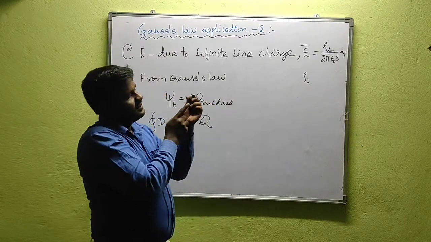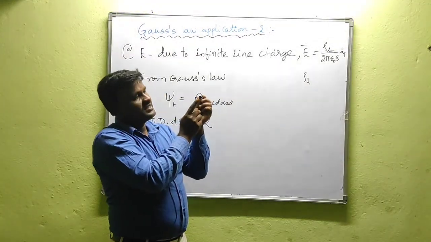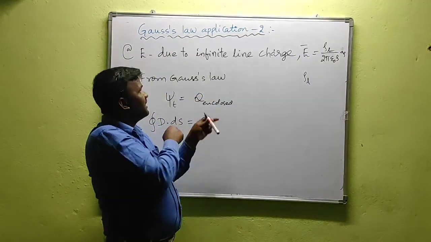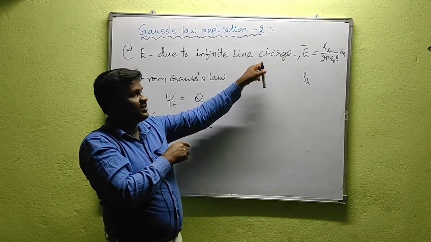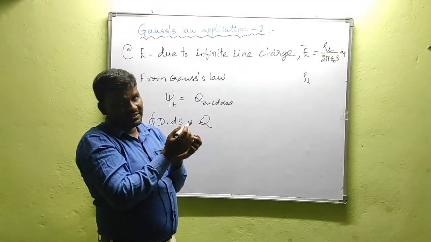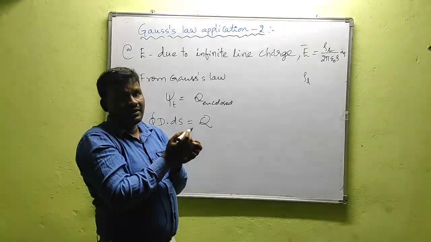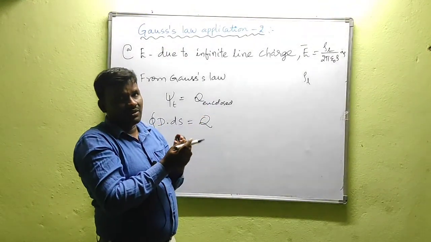This one is symmetrical to what? Cylinder. So that's why in this case, in order to get the electric field intensity due to infinite line charge, I will consider symmetry about the cylindrical coordinate system.